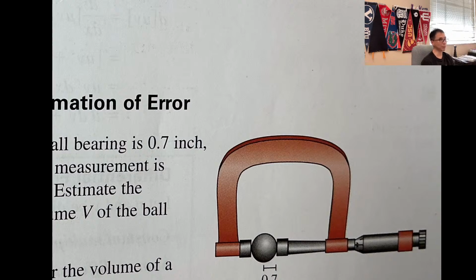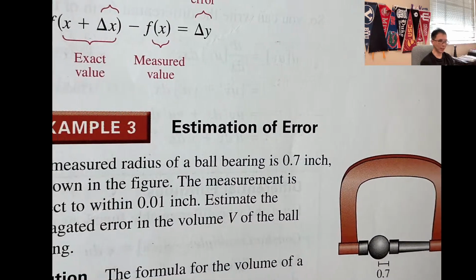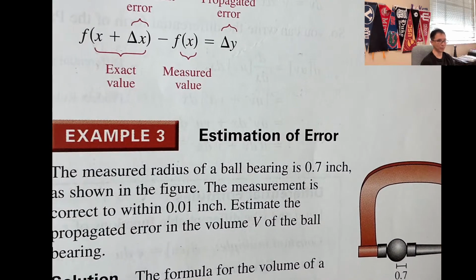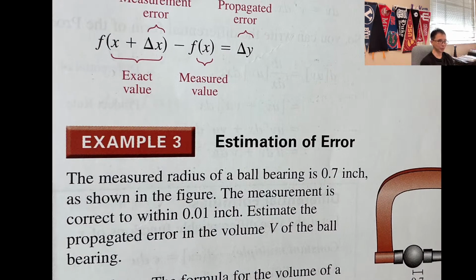If you have room temperature versus a very cold temperature outside, or 120 degrees in a car, then the ball is going to have a different dimension, right? So they say the measured radius of the ball bearing is 0.7 inches as shown. The measurement is correct within 0.01 inches.